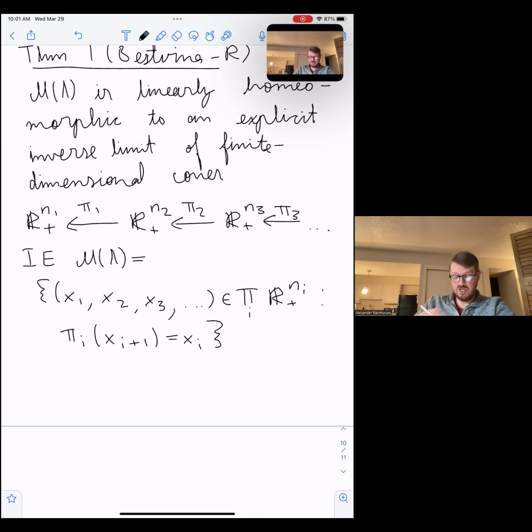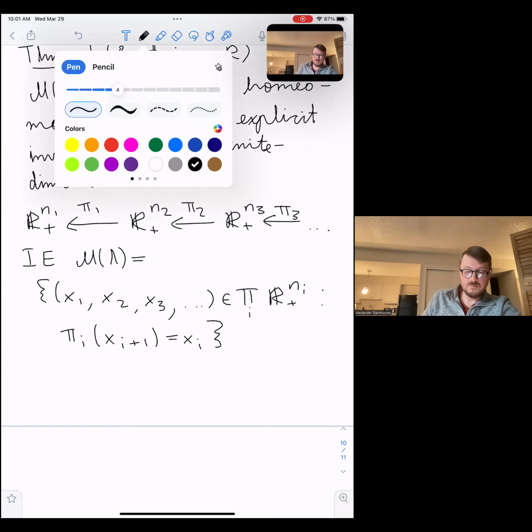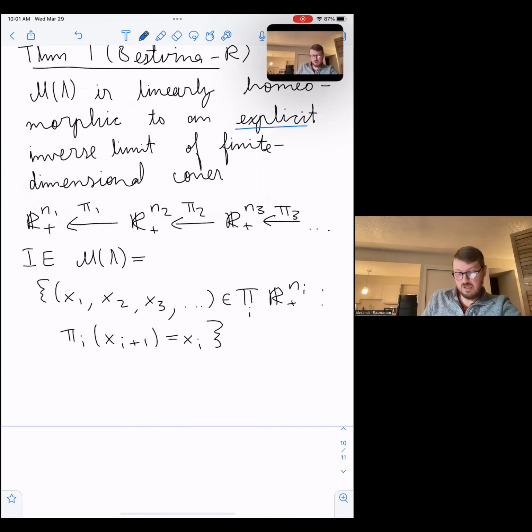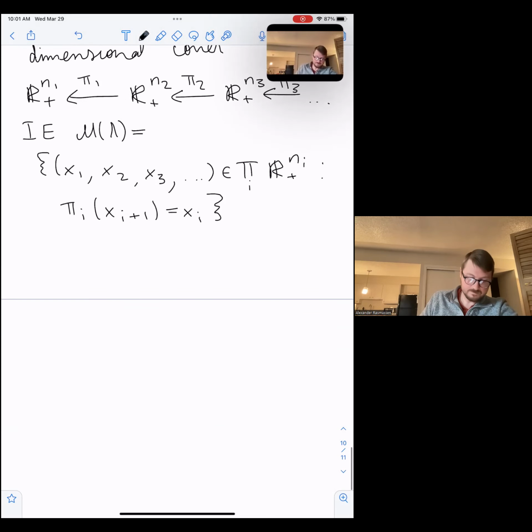So consistent sequences with respect to this system of maps pi i. All right, so that's the theorem. That's what these cones look like, but there's kind of a weasel word here, explicit. I mean, so far this theorem doesn't actually seem all that explicit. It seems a little mysterious. So let me show you the idea of how you make this theorem much more explicit.